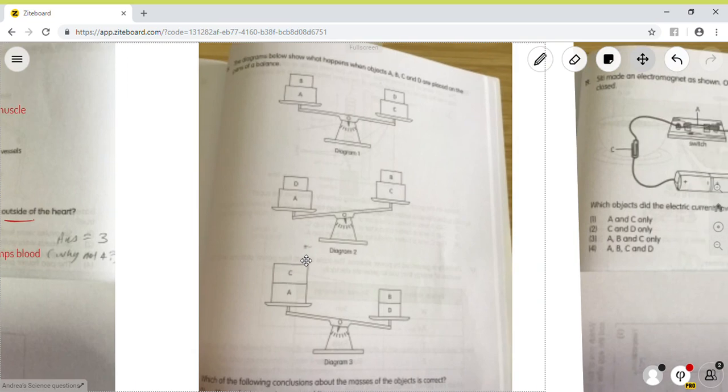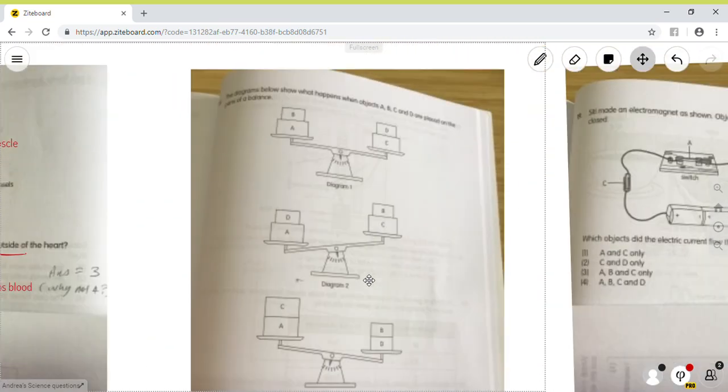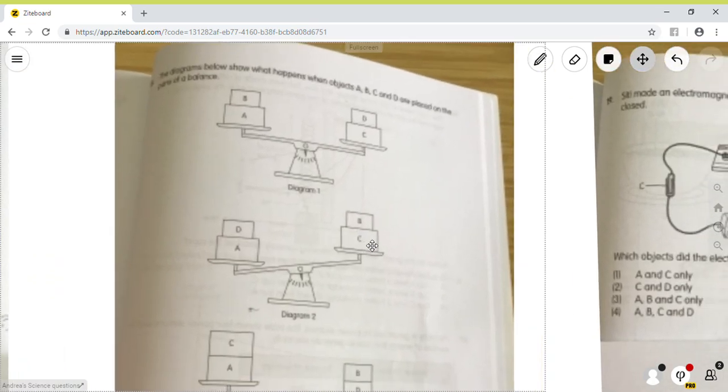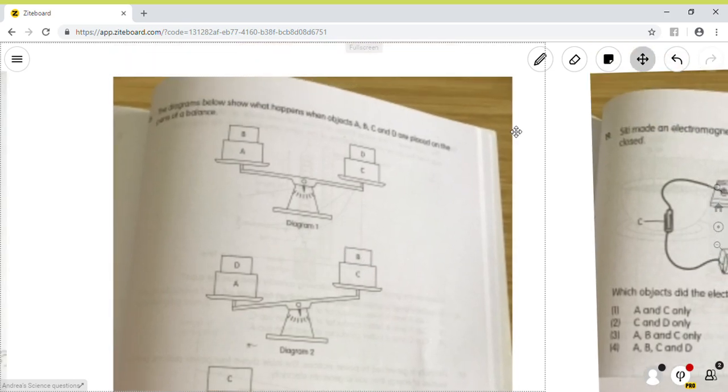Next one. This one is like math, mathematics. Yeah, we want to know is there a faster way. Okay, let me see. So this means A plus B equal to B plus C. Is this D? Sorry, D. A plus B equal to D plus C. Yeah.